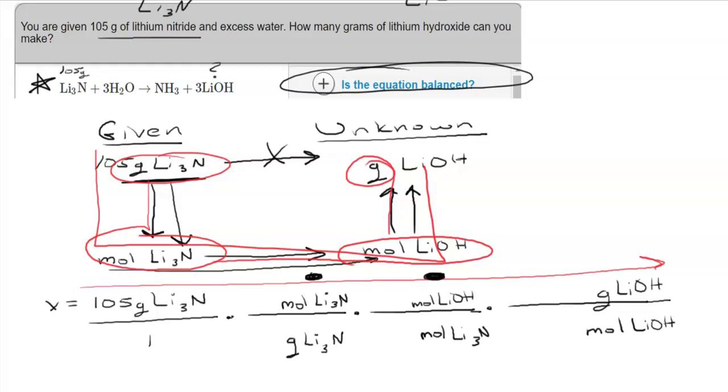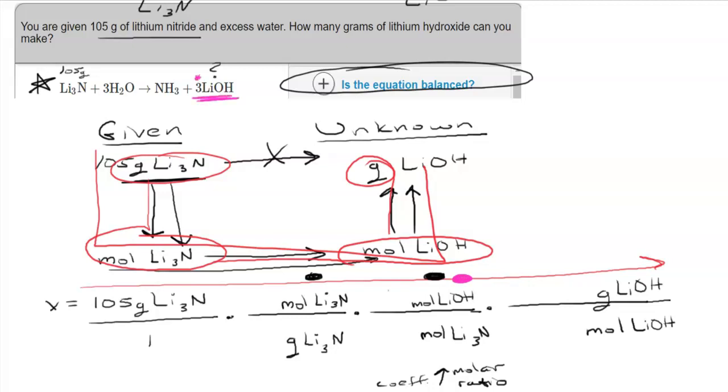I know this one, the middle one here, this is the molar ratio. That's the easiest conversion factor to fill in because all you have to use are the coefficients from the balanced chemical equation. So if I go look for lithium hydroxide, make that one pink. If I go look for LiOH right here in the balanced chemical equation, there's a 3 in front of it.